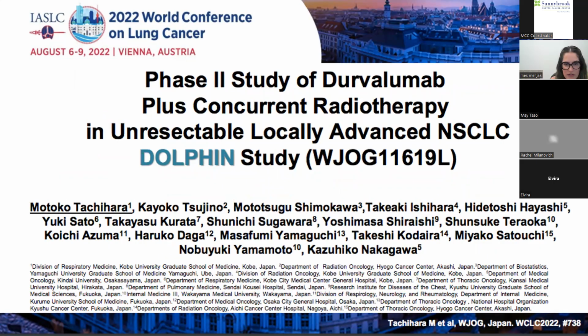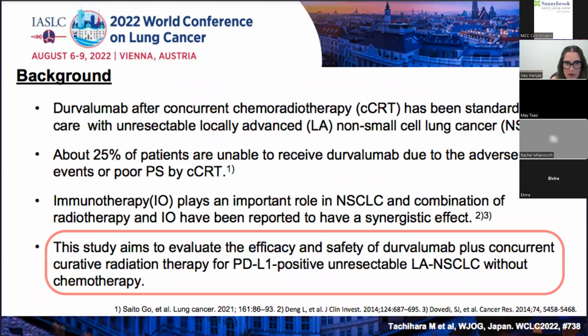In the setting of stage 3 unresectable non-small cell lung cancer, I brought the first trial, the Dolphin trial, which was a phase 2 Japanese trial. In this case, durvalumab, as we know, is the standard of care immunotherapy consolidation after concurrent chemoradiation in patients with unresectable locally advanced non-small cell lung cancer.